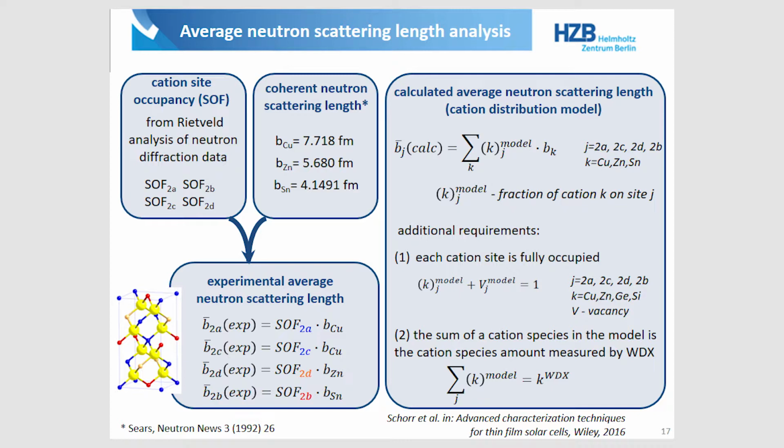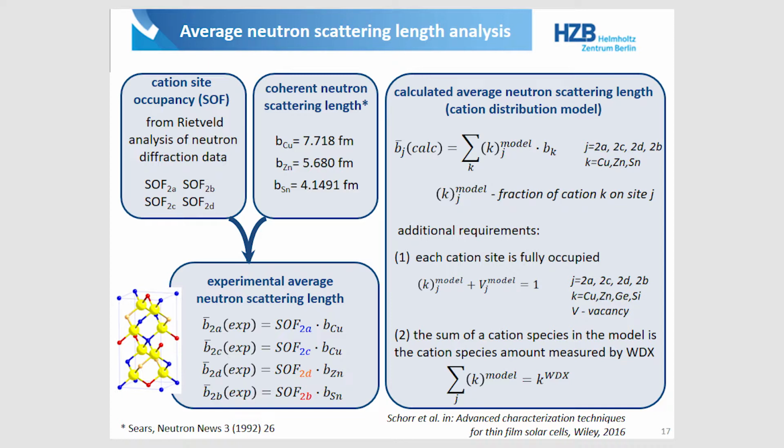So you put this together and calculate the experimental average neutron scattering length, taking the site occupancy factor from the Rietveld refinement and multiplying it with the neutron scattering length of the element which should be on that site according to the Kesterite crystal structure. So you get the set of experimental values. On the other hand, you have your cation distribution model, which I showed you in the first part.